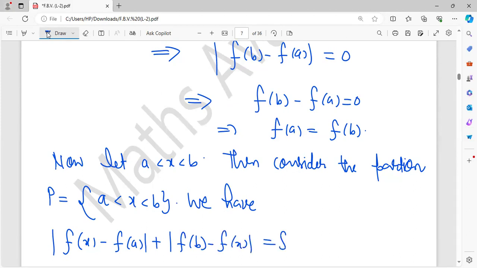That is my Sp. But Sp is always less than or equal to Vf. But this is 0 and this is a non-negative quantity.